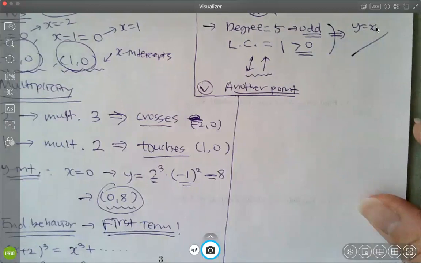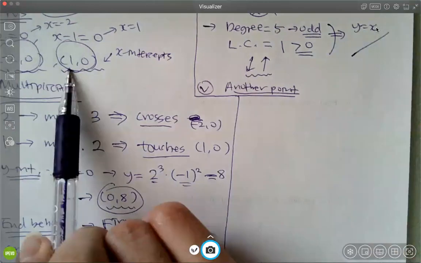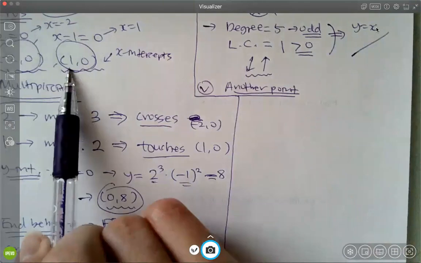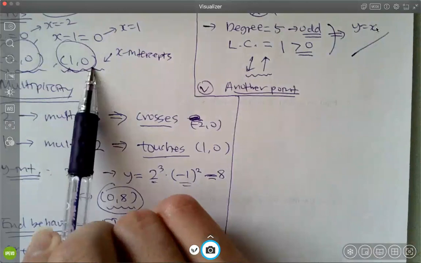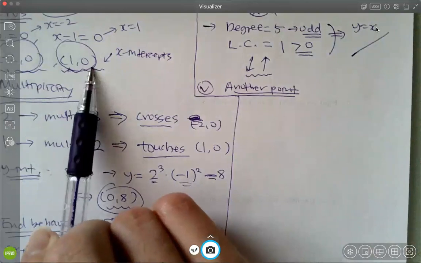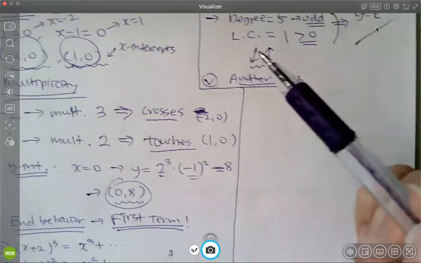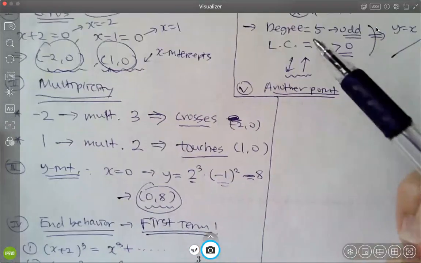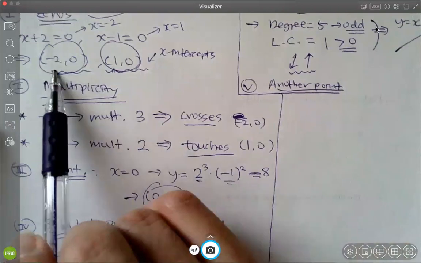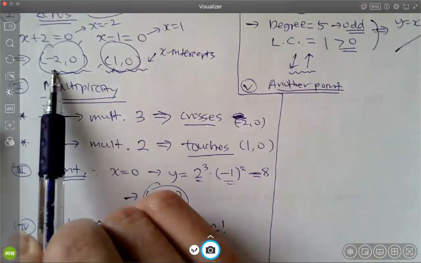When x is equal to 1, we know what's going to happen to the y value. And what's the y value? 0, right? So we cannot use 1. So we have to use the next easiest number, which is what? Maybe 2, right? Because here negative 2 was used, so we don't need to use that. So we can use 2 maybe.